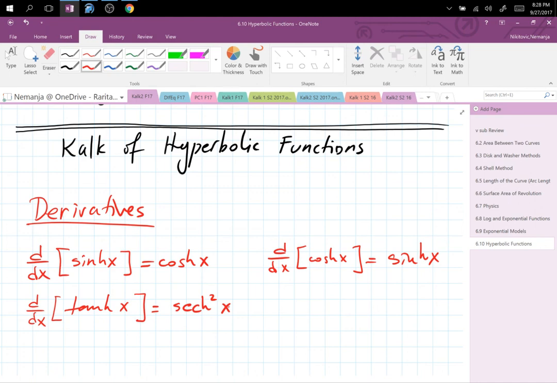At least I can't find them. You have the derivative of cotangent hyperbolic x, which is going to be negative secant hyperbolic, no, negative cosecant hyperbolic squared x.